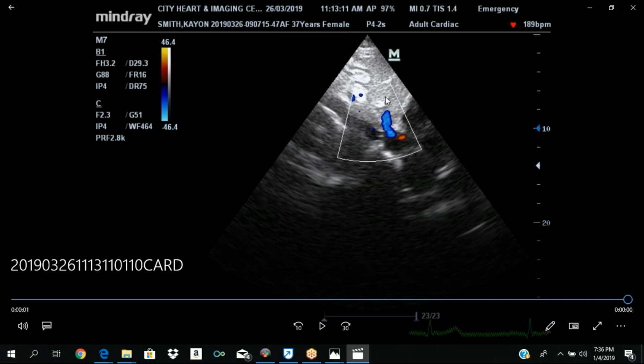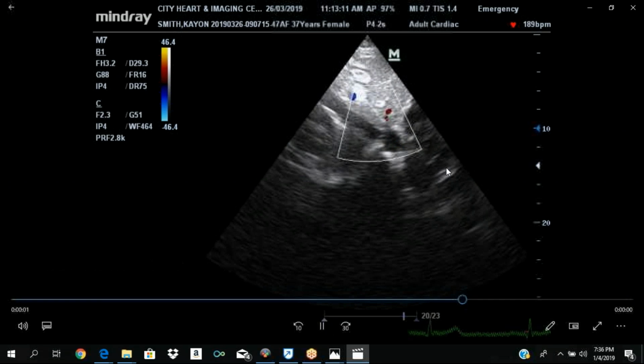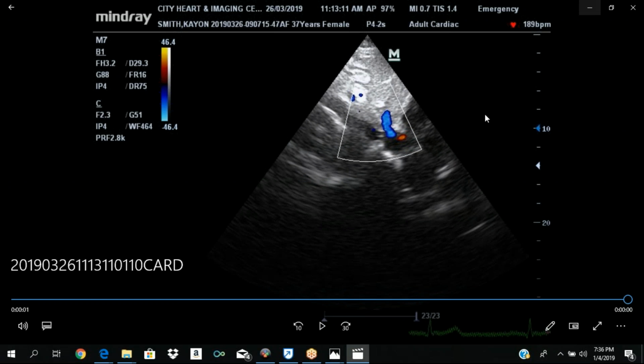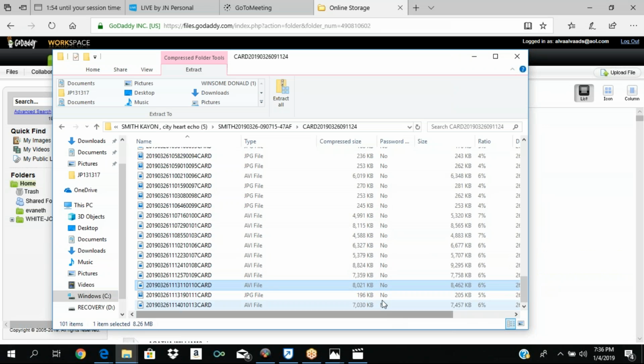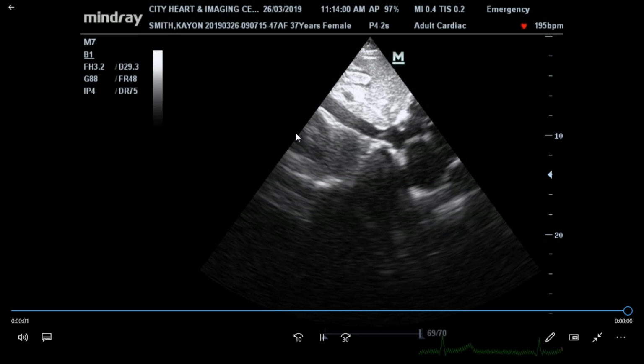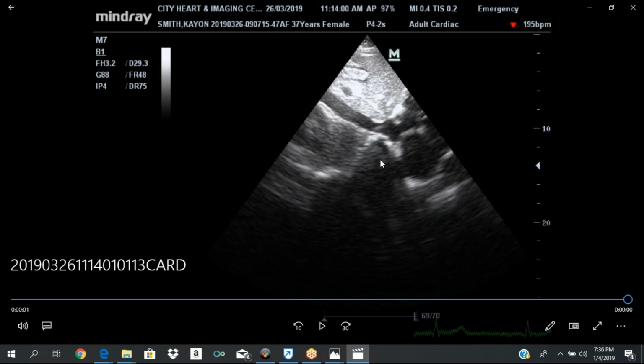Okay, so you can see this is your hepatic vein draining into the inferior vena cava, which drains into the right atrium. Again, you can see your inferior vena cava draining into the right atrium.